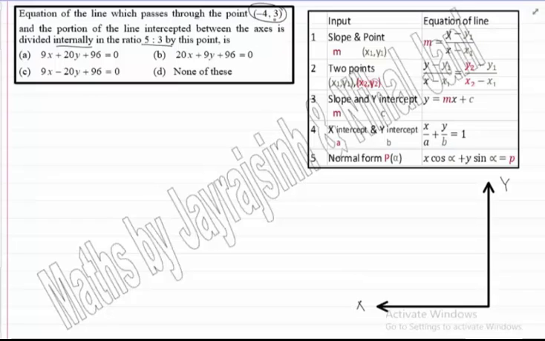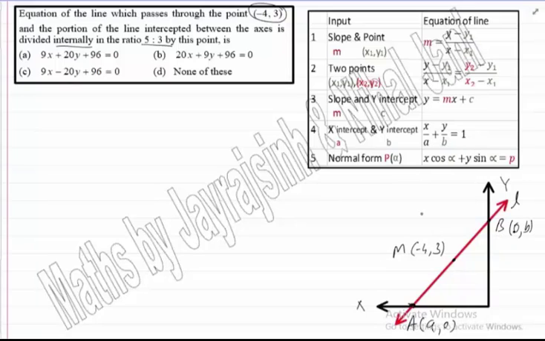Our point is in the second quadrant, so I should draw a second quadrant, and the line which is passing through this point, let's call it L. Here we have the point (minus 4, 3), let's call it point M, and the section which is intercepted between the axes, let's call this A having coordinates (a, 0) and B having coordinates (0, b).